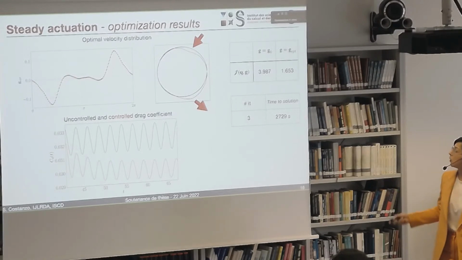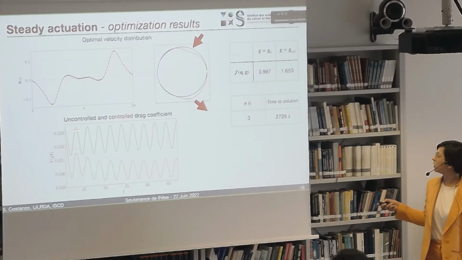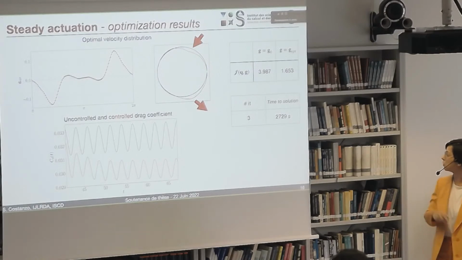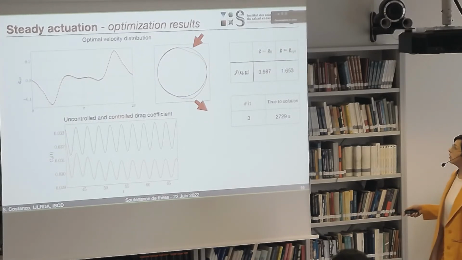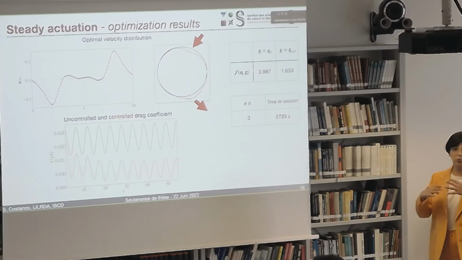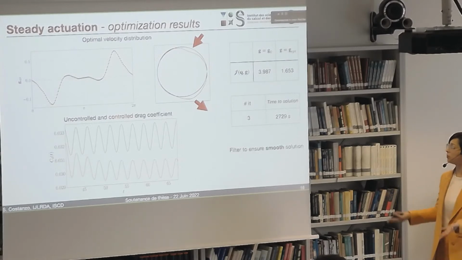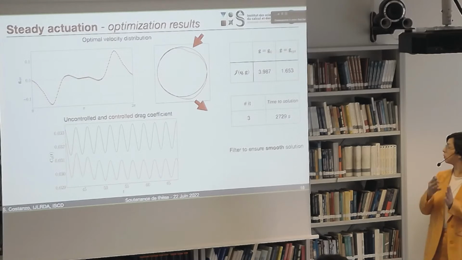Okay? So here we can see also the drag without control and with control, and the mean value is reduced, and the amplitude of the oscillation is reduced as well. The velocity distribution is pretty smooth. Remember, we don't have any correlation between the points, so we had to add the filter to ensure a smooth solution.